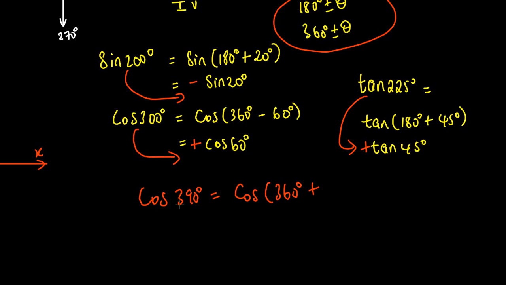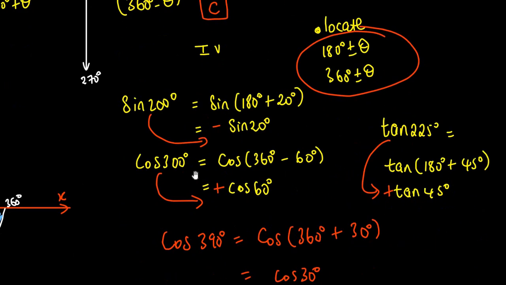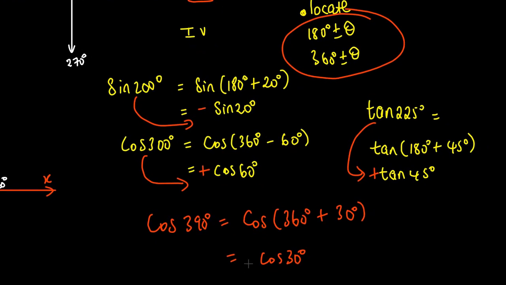Well, I can add 30 degrees, then I'm going to get 390. Then from there I can say cos of the acute angle, which is cos of 30 degrees. But should it be positive or negative? Well, in that quadrant, cos is positive because all of them are positive. So my answer will be positive cos 30 degrees.